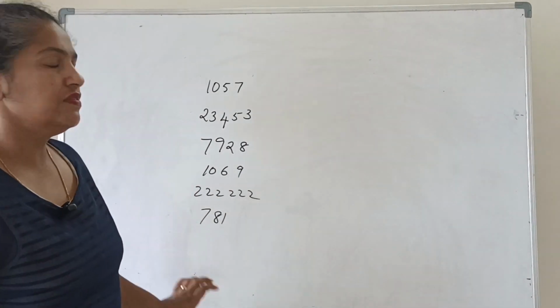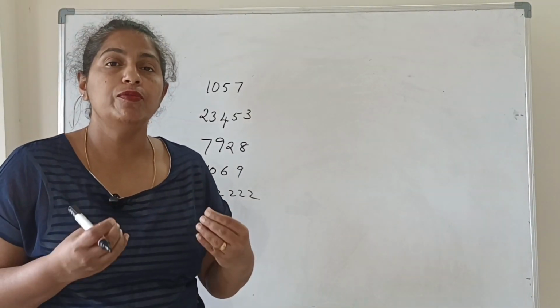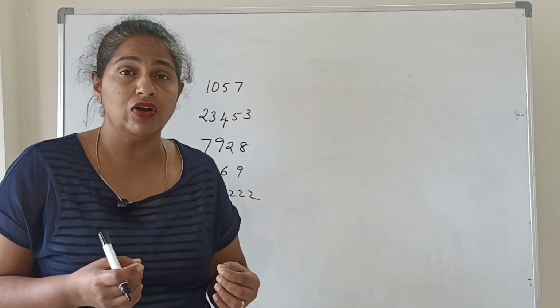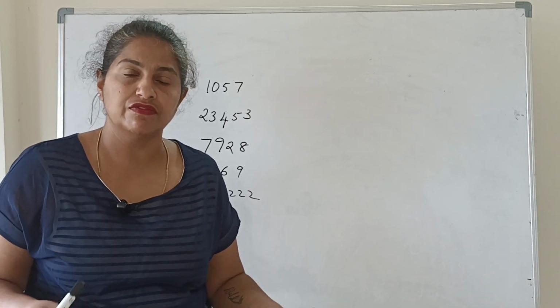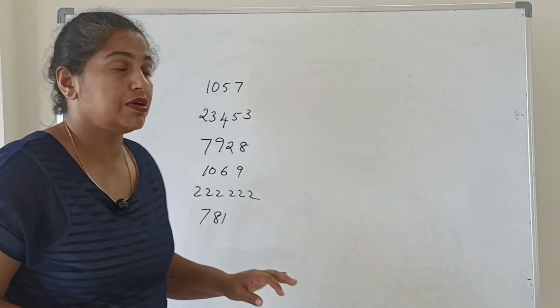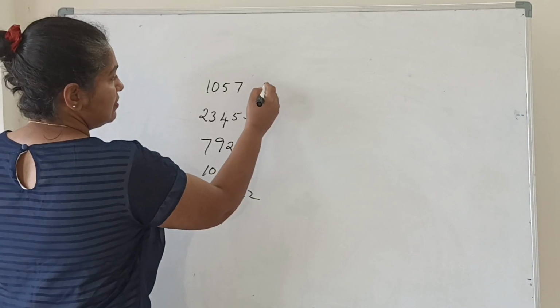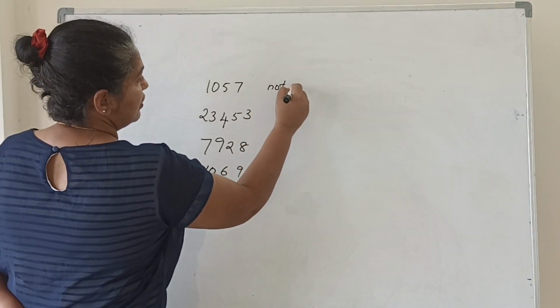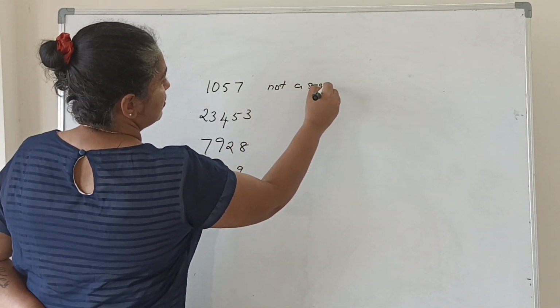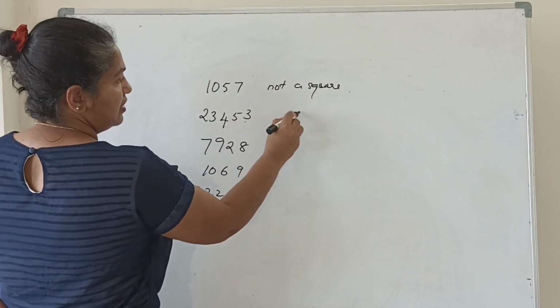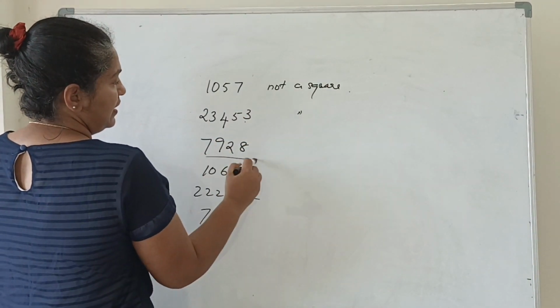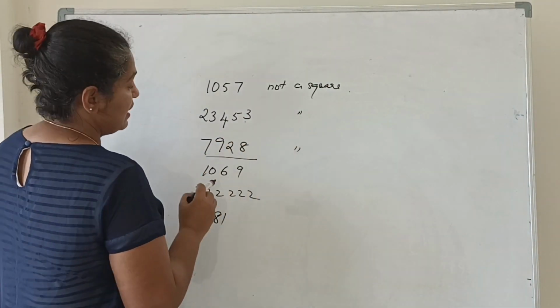Out of these numbers, without calculation, how many of these numbers can be called non-perfect squares, which means not a square number? Ending with 7, not a square number. Ending with 3, not a square number. Ending with 8, not a square number.